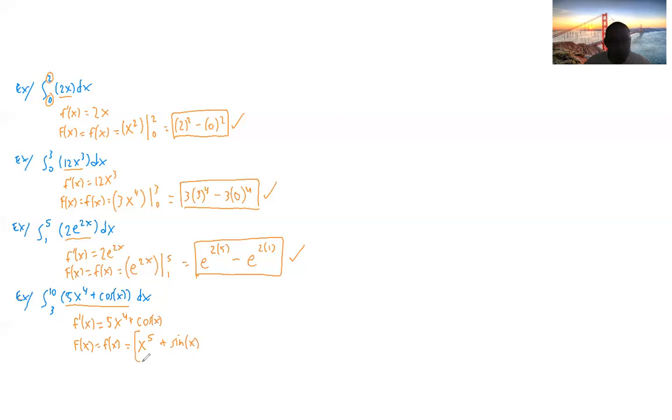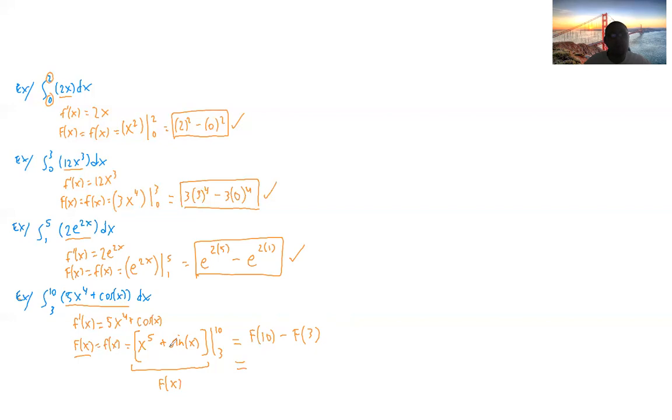And we're going to evaluate this entire thing from 3 to 10, meaning this entire thing is big F of x, remember. And so you're going to have to evaluate big F of x at 10 minus big F of x at 3. So don't get mixed up because there's two terms in here, okay?